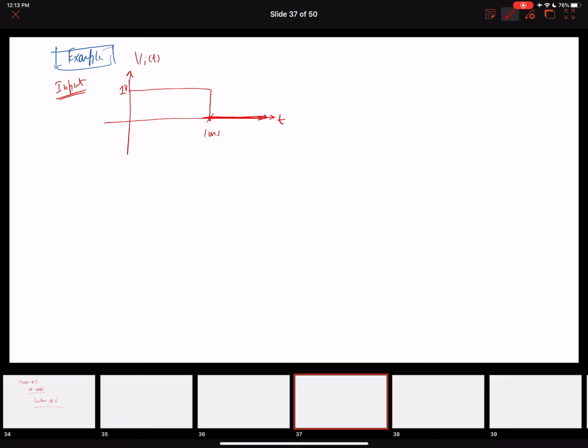This is Vi of t, and this is 0. You have a resistor of 10 kilo ohms and a capacitor of 10 nanofarads. This is an integrator circuit, and we are interested in finding what the output will be.